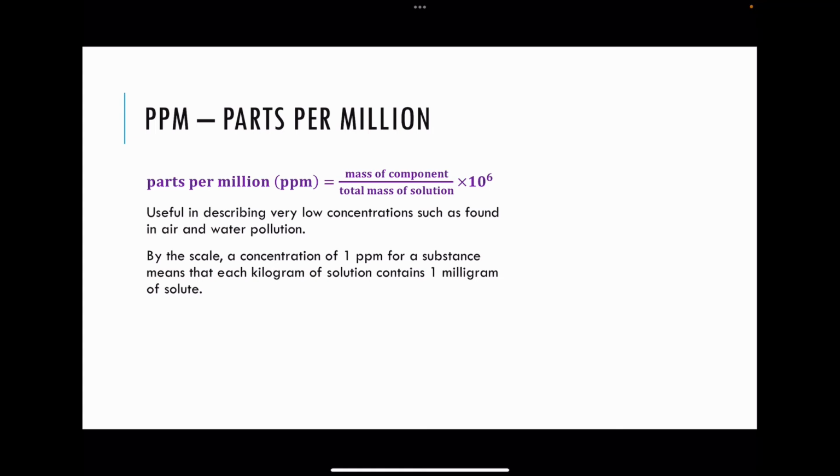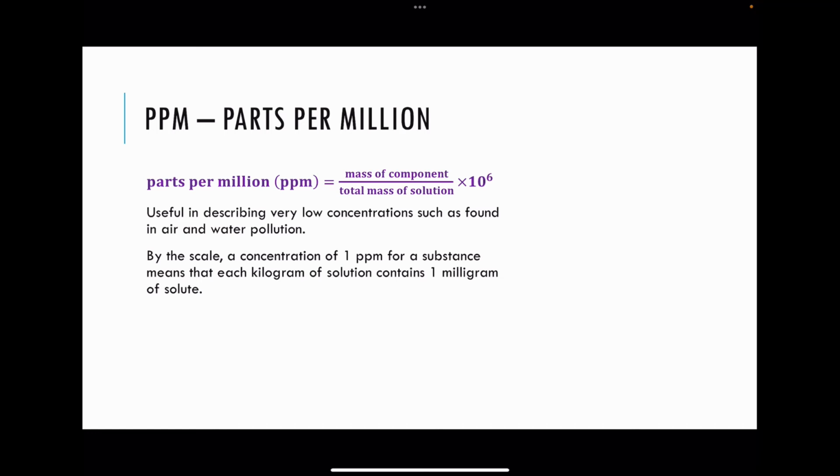The good thing about this is that both of the quantities that we want to calculate ppm are masses, and mass can be easily measured in an experimental setting. Parts per million is very useful in describing very low concentrations, such as found in air or water pollution. By the scale, a concentration of 1 ppm for a substance means that each kilogram of solution contains 1 milligram of solute.